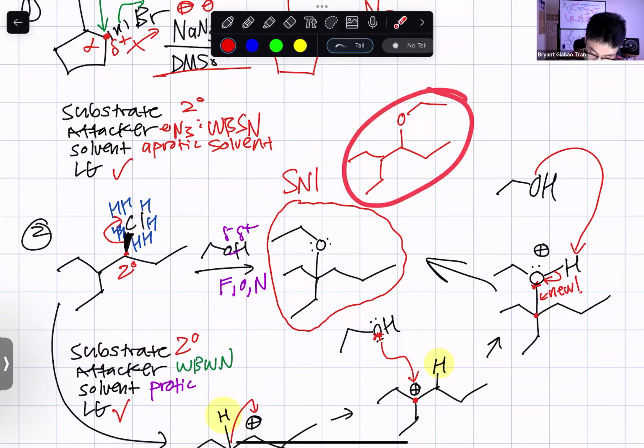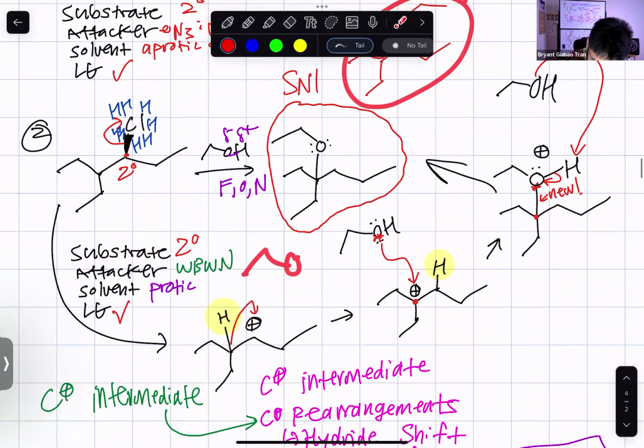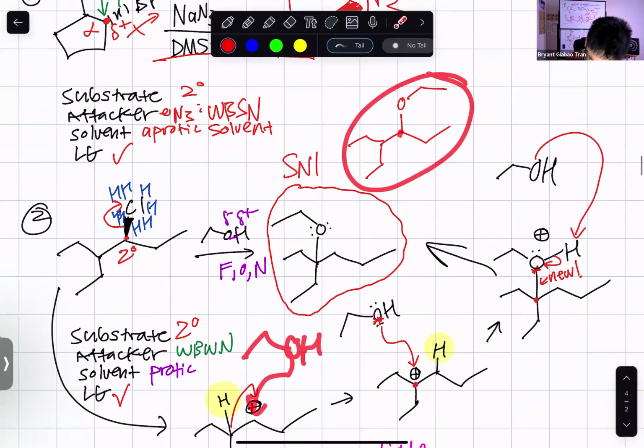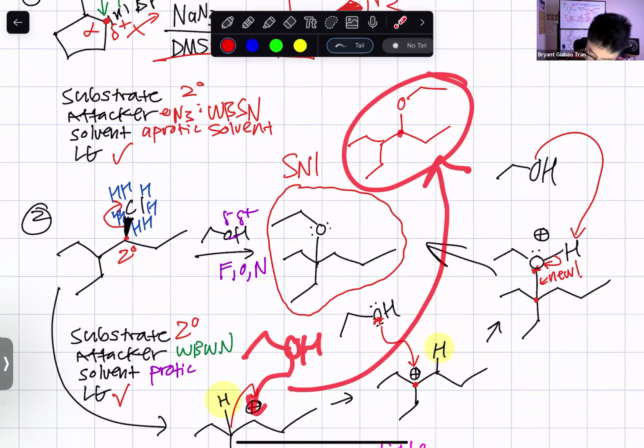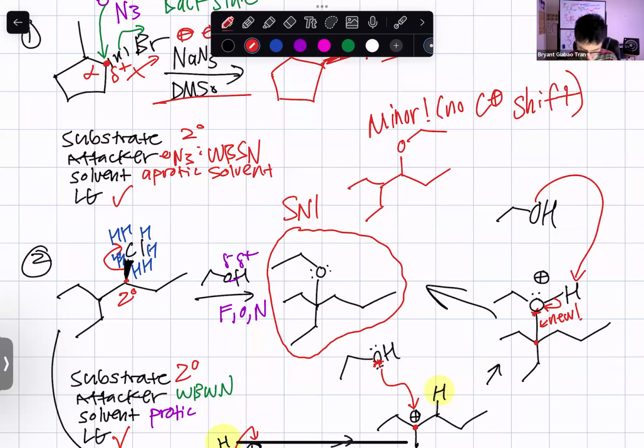A lot of people would put this as the answer because they would forget about the hydride shift and just have the ethanol attack the carbocation right away without the methyl shift, leading to this minor product here, the wrong answer here. So that's SN1.